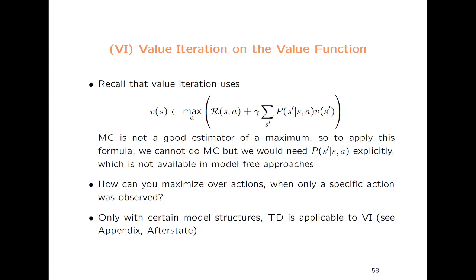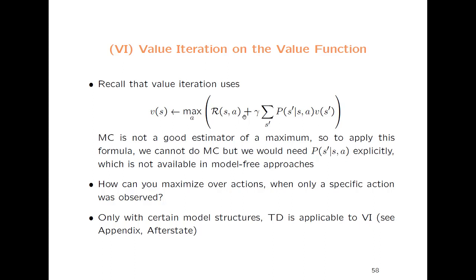But there's a problem with the immediate application of value iteration. For example, if you look at the update here of the value function, we have to maximize over actions. And if we want to approximate this term here by a sample, actually we have committed to a certain action, which is the one which we did in the simulation. Another reason is that maximizing over samples would also be difficult.